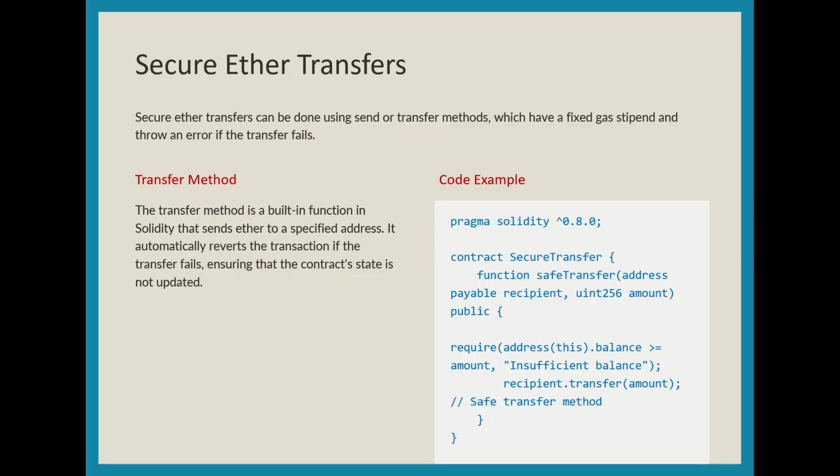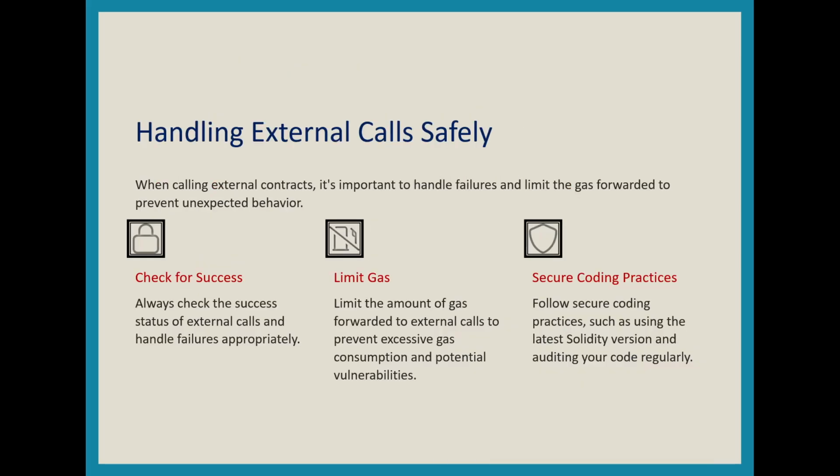If the balance check passes, the function proceeds to transfer the specified amount of ether to the recipient address using the transfer method. Right? And this transfer method is considered safe as it forwards only a fixed gas stipend, limiting the potential for reentrancy attacks.